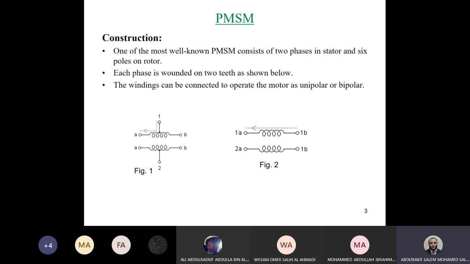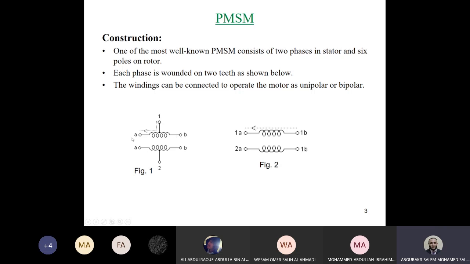First way, as in figure 1, as you can see, coil 1 will have 2 terminals or 2 halves, coil 1A and coil 1B, and by means of a power electronic circuit we can energize coil 1A only and keep coil 1B not connected to any supply. This means the current will flow from point 1 to point A, and it will be open circuit for the part of 1B.